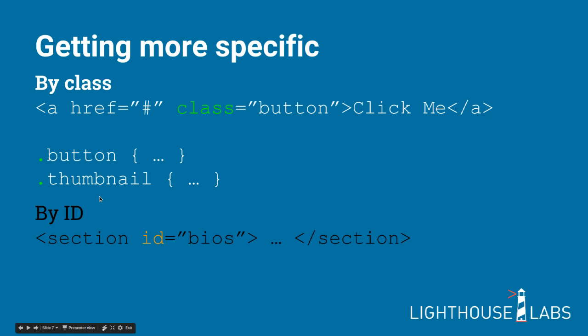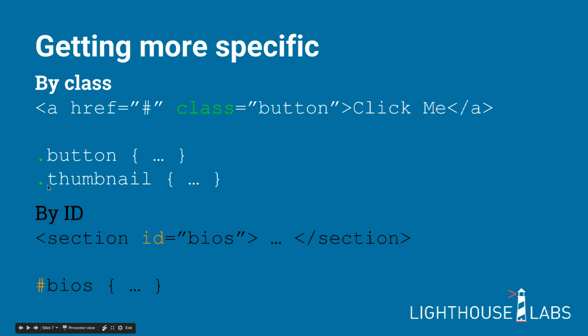Well, maybe this will even clear things up a little bit more. So we have these two attributes, class and ID. This hashtag or pound sign, whatever you want to call it, refers to this ID.